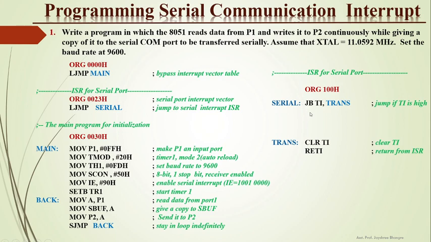If the TI flag is not set, then otherwise we have to receive the data that is available in SBUF. So get the data from SBUF into A, clear the RI flag to receive data, and return from the subroutine.